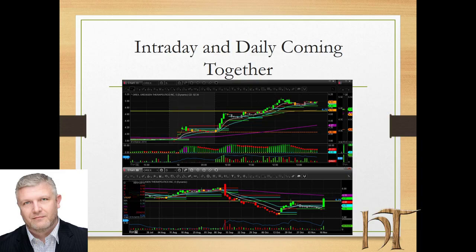But that's a really nice flat top breakout. That's a pattern that we're looking for, that ascending wedge. So the bottom of the wedge is the support. That's the support line coming up. It's an ascending support line, and that forms with this flat top.